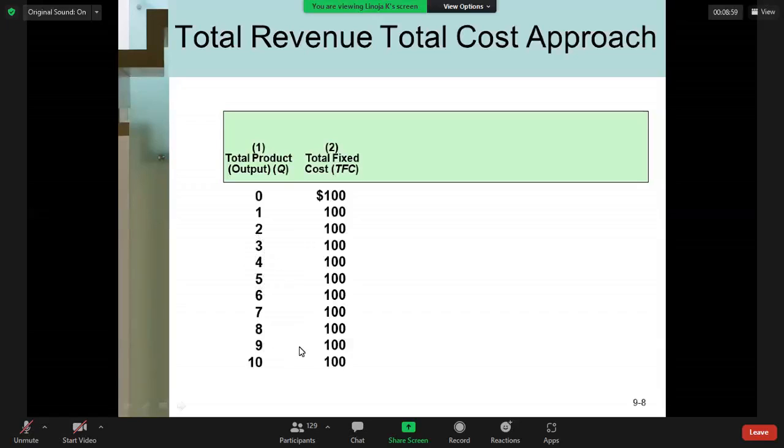So the buildings or machinery are fixed. Write this down: total fixed cost is $100. Normally these slides were from another country, so that's why the dollar values. The thing is, you have to understand what it is, dollar or rupees, that makes no difference.